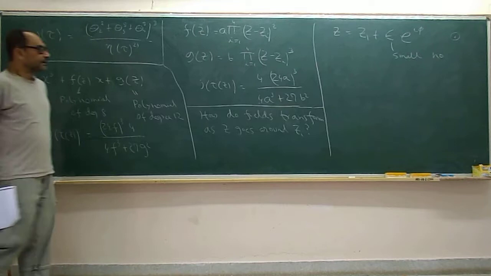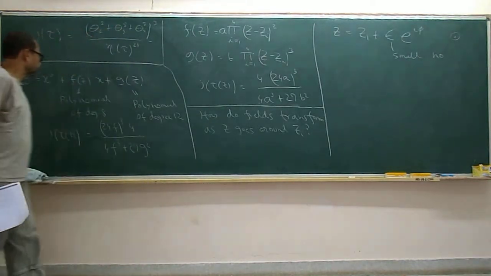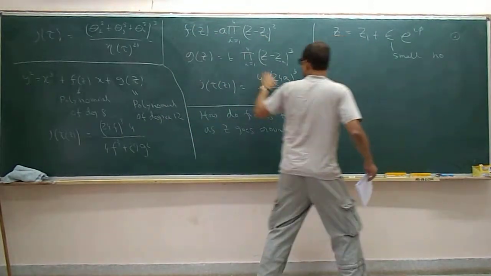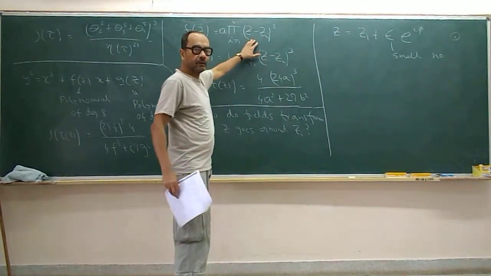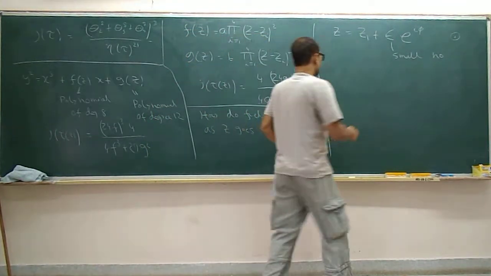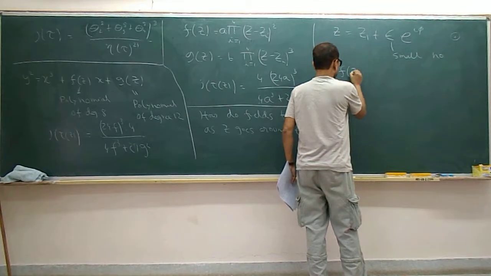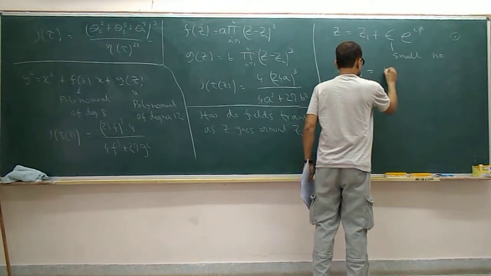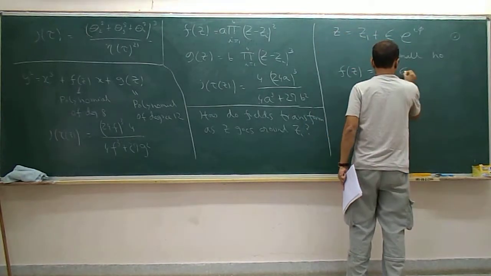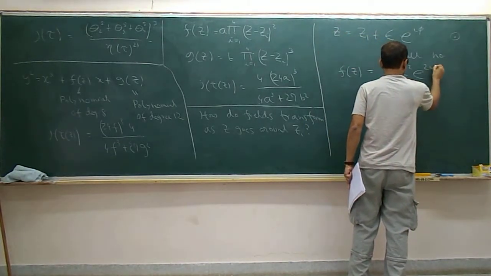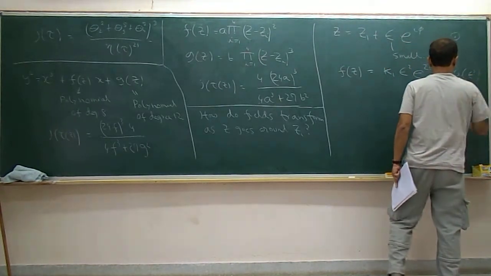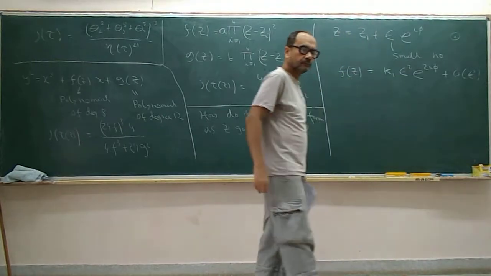Now one way to do this will be to notice that if z takes this form, and f at z equal to z1 is 0, then f of z will be some constant k1 times epsilon squared e to the 2i phi plus higher order terms, order epsilon cubed.